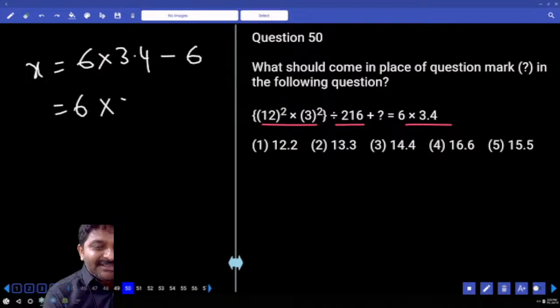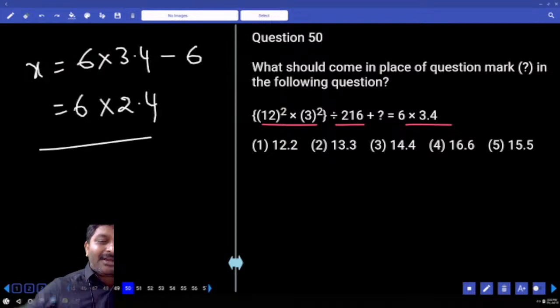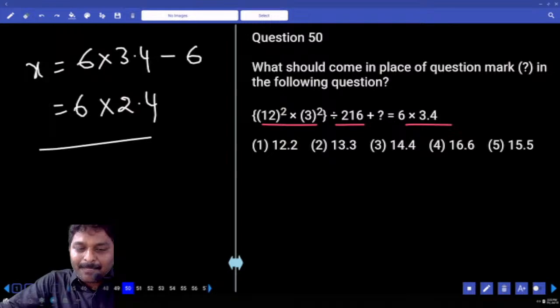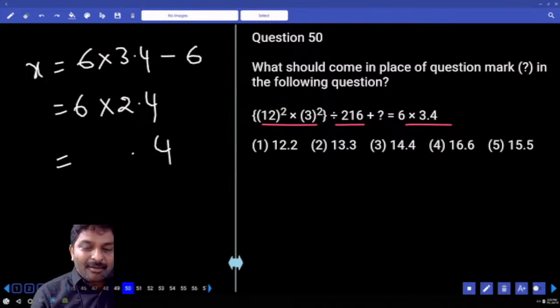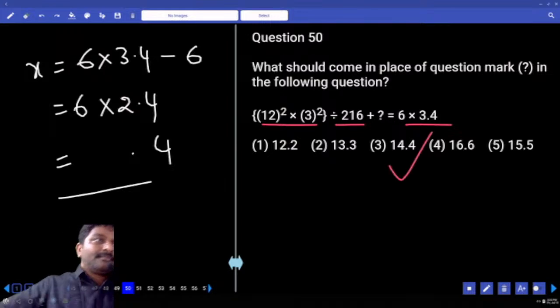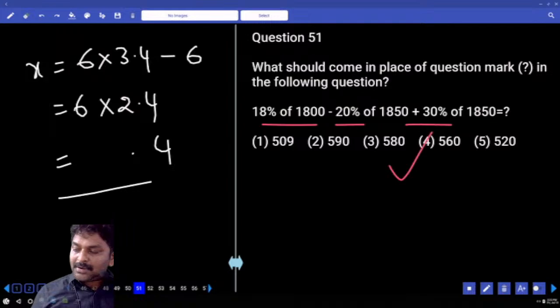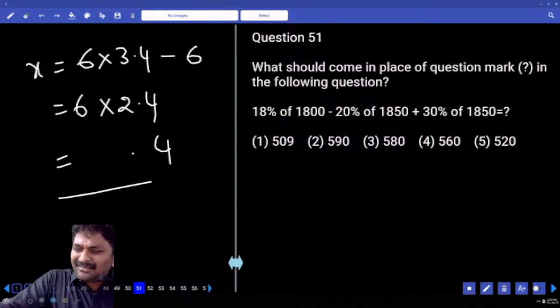Final answer 6 into 2.1. అవునా? డెసిమల్ వస్తుందా రాదా? లాస్ట్ డిజిట్ హౌ మెనీ? ఓకే, అయిపోయింది, ఏం లేదు దీనిలో.